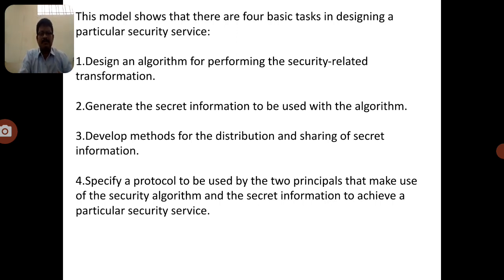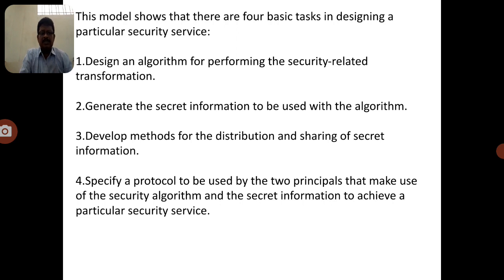The second one is to generate the secret information to be used with the algorithm. Whatever algorithm you take, it can generate some secret information based on that criteria. That means the original message, which is the meaningful message, is converted into some secret information with the help of that algorithm.